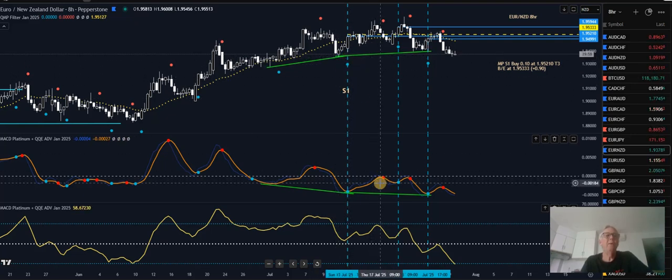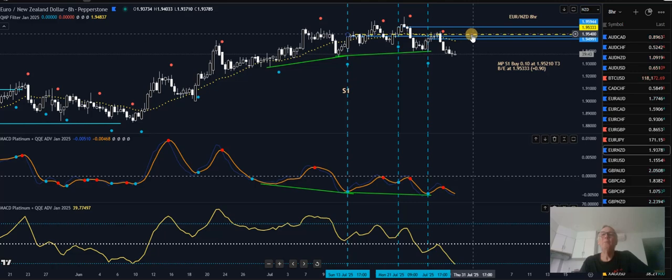Price has come up very close, hasn't popped through the 0 level. As close as it's been. I've taken a second buy, and I've taken a third buy, and it just keeps on going against me still. So we've got the overall break-evens, that yellow line just above the blue there. And in the meantime, the MACD Platinum is still below the 0 level, but the QQE is dropping down.